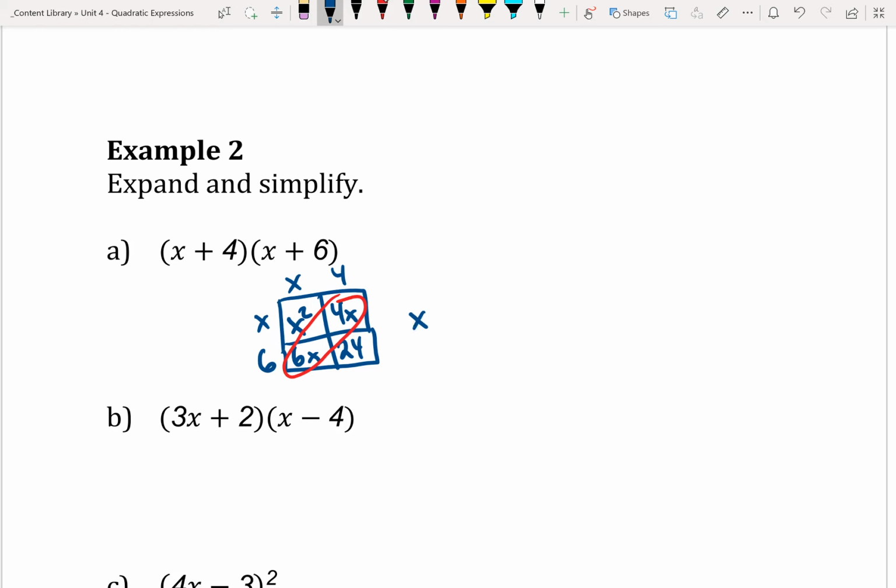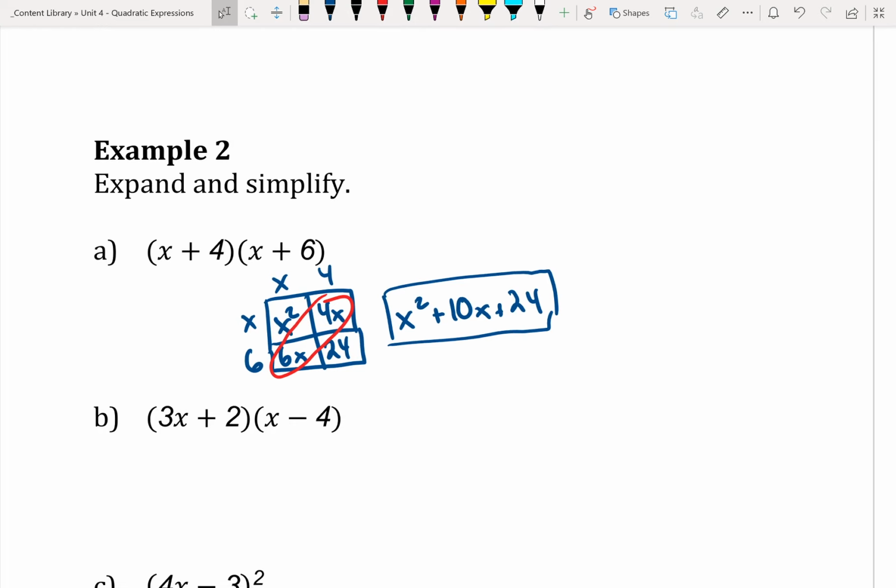When I go through and add up all my terms, x squared plus 10x plus 24 is my answer. Now, if I treat that using the FOIL method, x plus 4 times x plus 6, FOIL again: first numbers, outside numbers, inside numbers, last numbers.